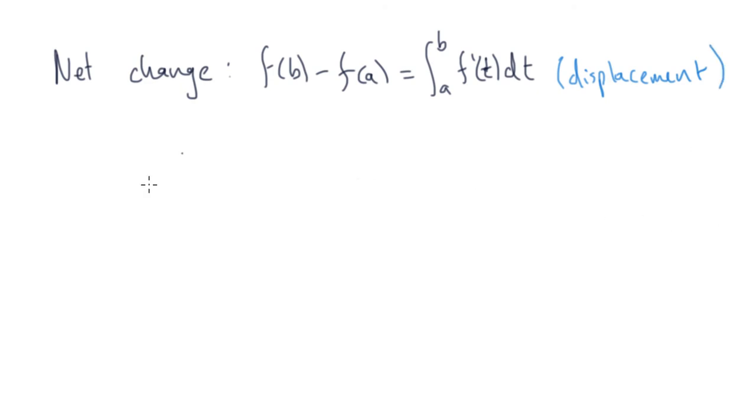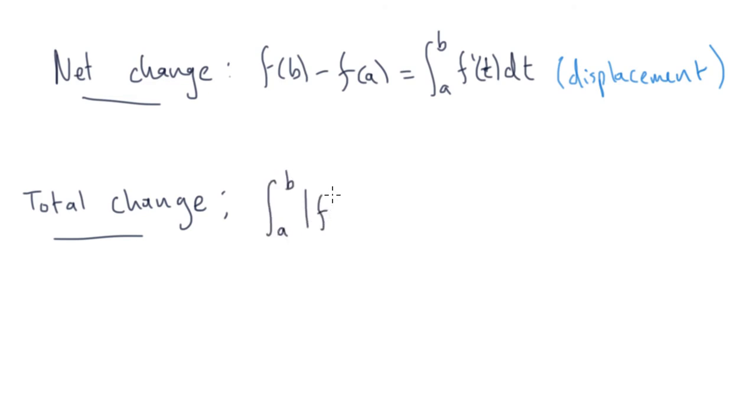But we also have another notion, and that's the notion of total change. And now the total change is actually how far my function travels, the distance, okay? And we get that by integrating not the derivative, but the absolute value of the derivative.